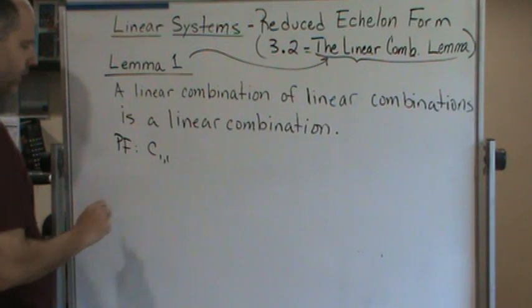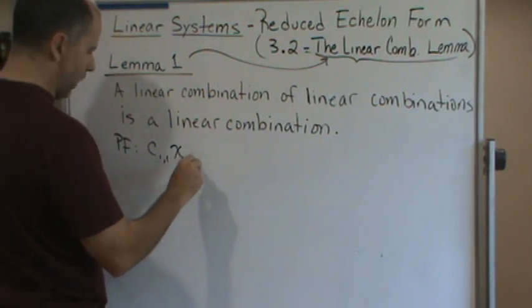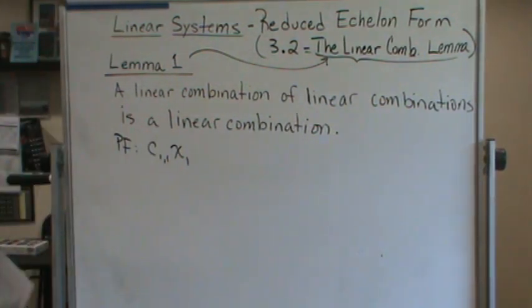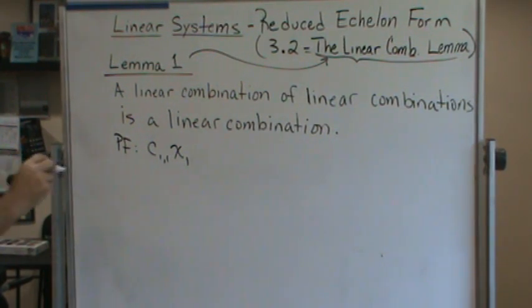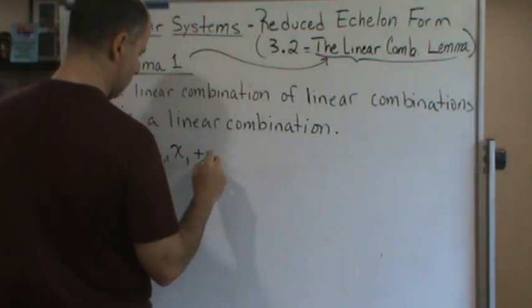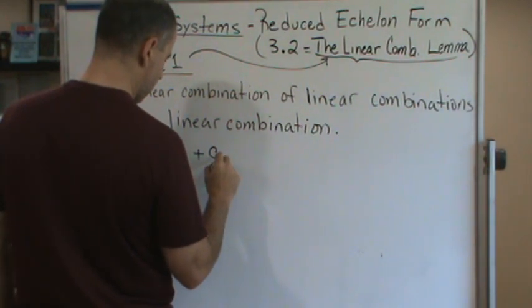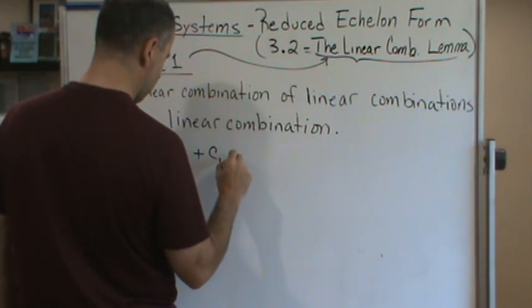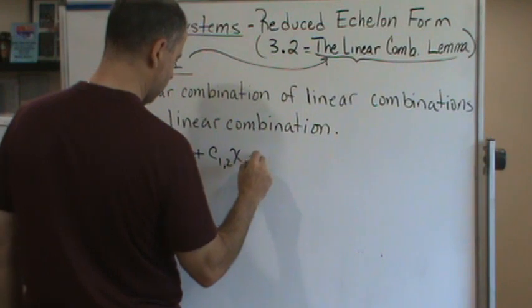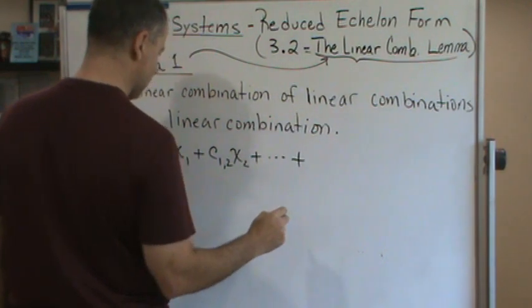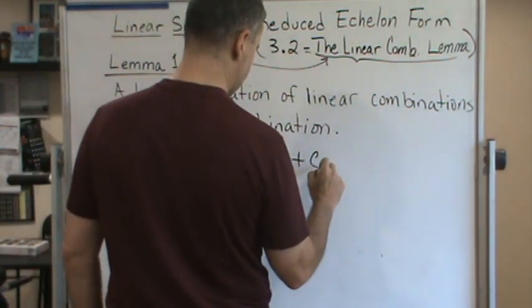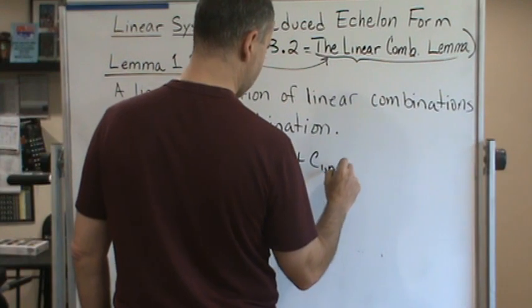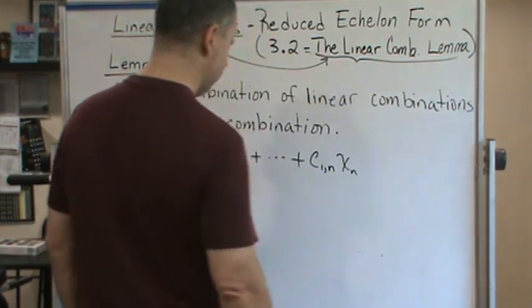C sub 1,1 x1 plus C sub 1,2 x2 plus dot dot dot plus C sub 1n x sub n, right?